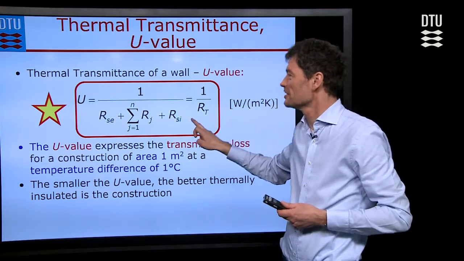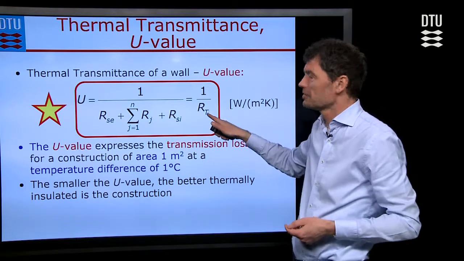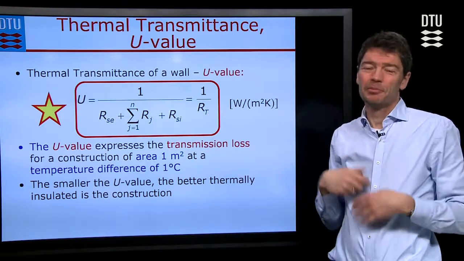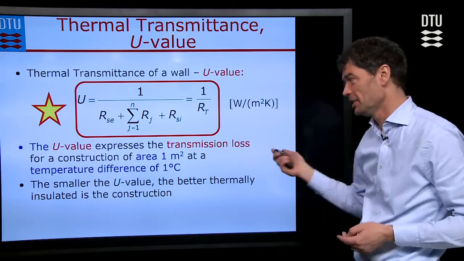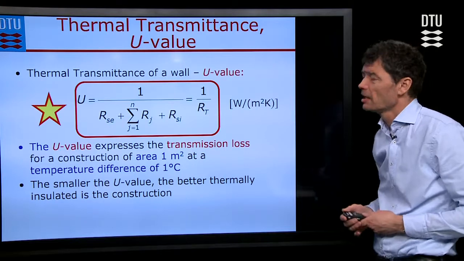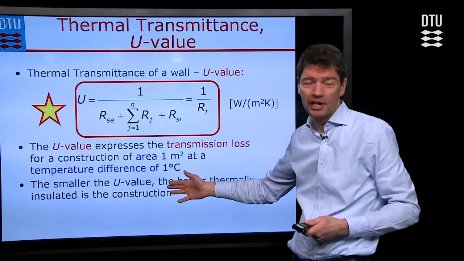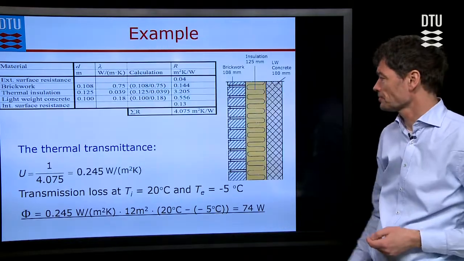The total resistance is the sum of all those layers' resistances, and 1 over the total resistance is our U value, as we call it in daily speak, but formally it's called the thermal transmittance of our wall. And here is how to calculate it. If we want a well-insulated construction, we want one that has a low U value, so a low thermal transmittance.